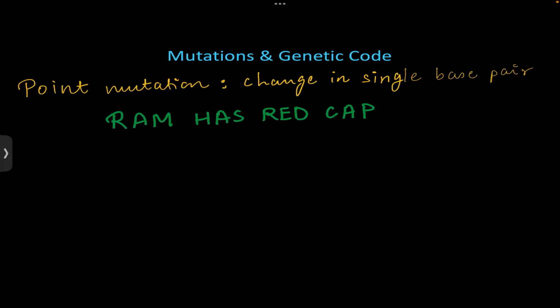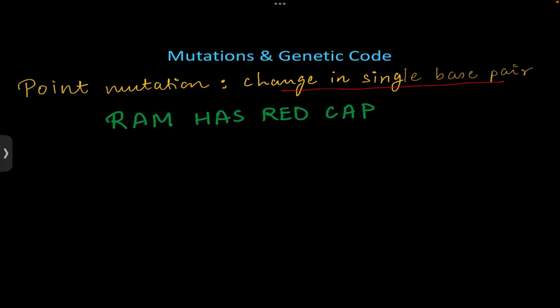We know mutation is a permanent change in the base sequence of DNA, right? We mentioned two types of mutation in the previous chapter. First is the point mutation, where there is a change in a single base pair, that is, one base pair gets substituted by another kind of base pair. And another was the frame shift mutation.